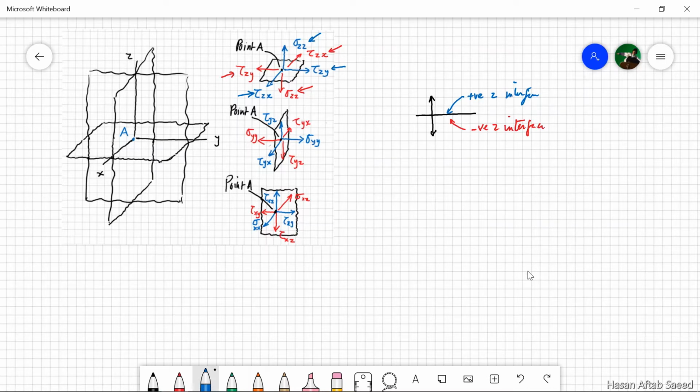Because it is the same point A that we are talking about, for equilibrium, the stress component pairs will of necessity be equal and opposite. For example, sigma xx in blue must be equal and opposite to sigma xx in red. The only difference between the two is which side of the interface we are viewing.